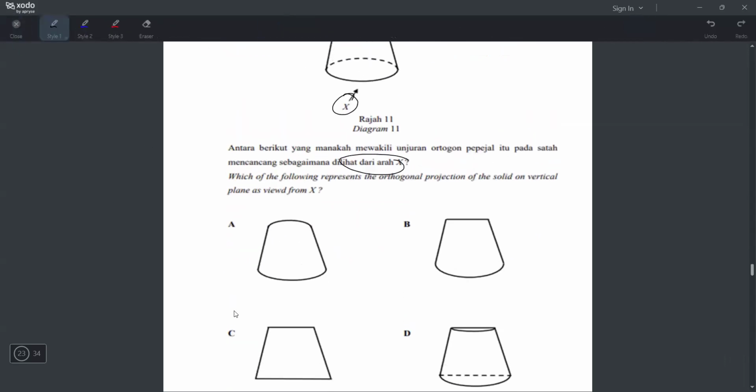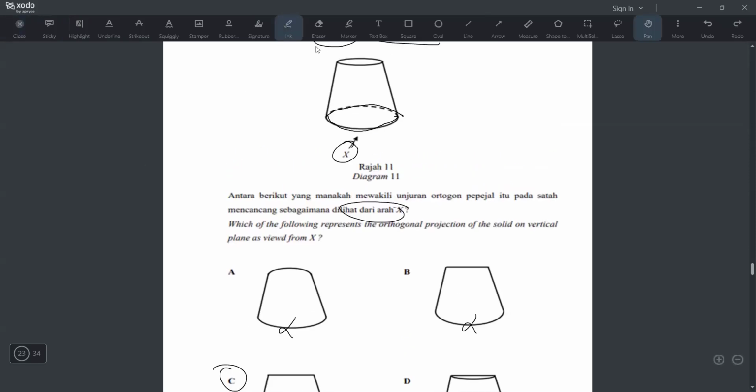Okay, the answer is B. I mean C. Because if you look from X, you won't be able to see the curve. You won't see the curve like this. Same thing, the dotted line also won't be seen. You just see one line like this, because you look from X. So when you look from X, this line will get covered by this line. And all you see is just a line like this, right? Same with the top, you also see just one straight line like this.